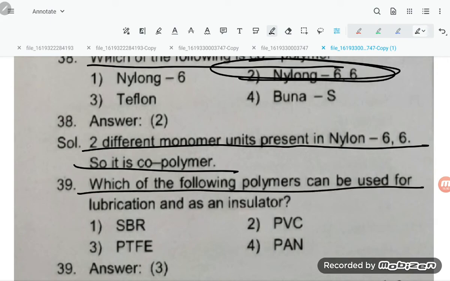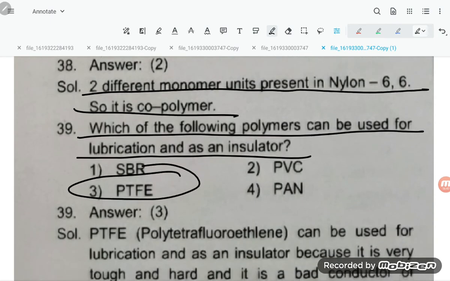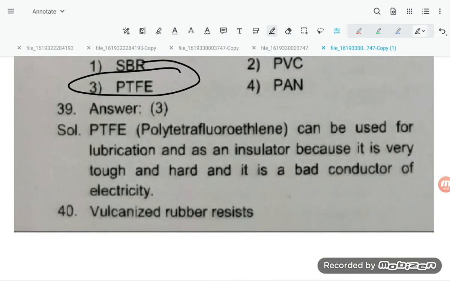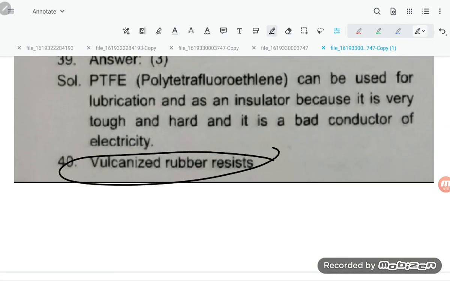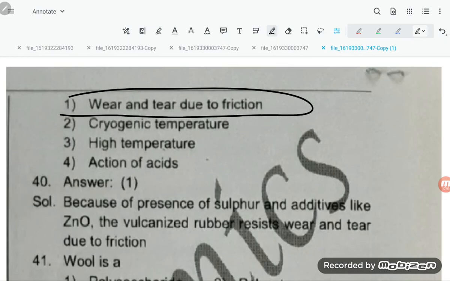Which of the following polymers can be used for lubrication and as an insulator? That is PTFE, polytetrafluoroethene. Now, vulcanization of rubber resists wear and tear due to friction.